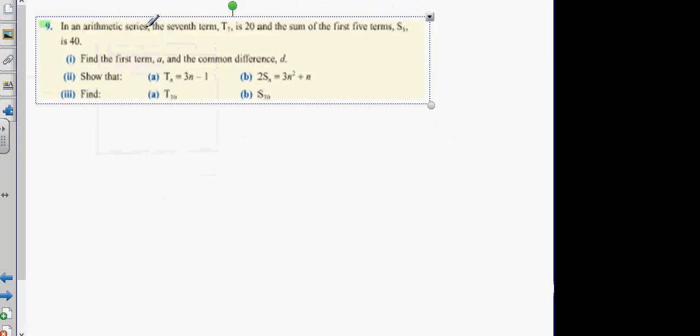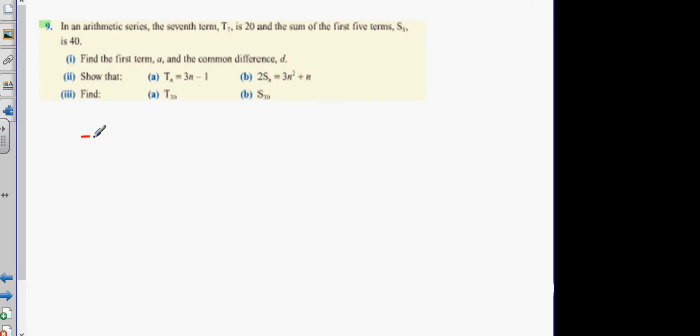In this question, in our arithmetic series, T7 is 20. T7 is a plus 6 differences, and that equals 20. S5 is 40.